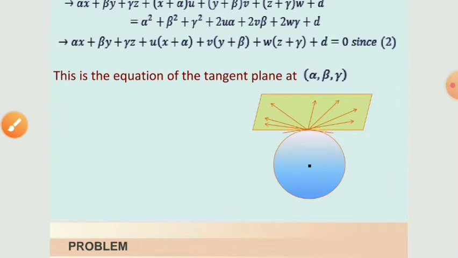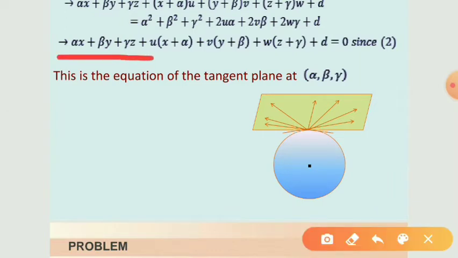And 2ux can be written as ux plus ux, and one ux is replaced by u alpha. Therefore u into (x plus alpha) plus v into (y plus beta) in a similar way plus w into (z plus gamma) plus d is equal to 0. This is the equation of the tangent plane at the point (alpha, beta, gamma) to the given sphere.